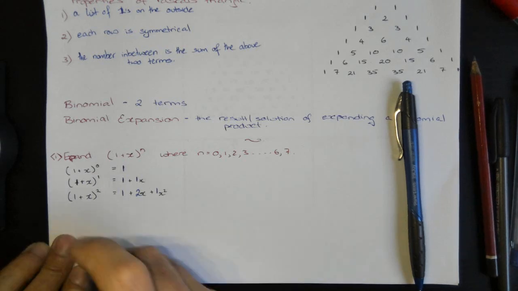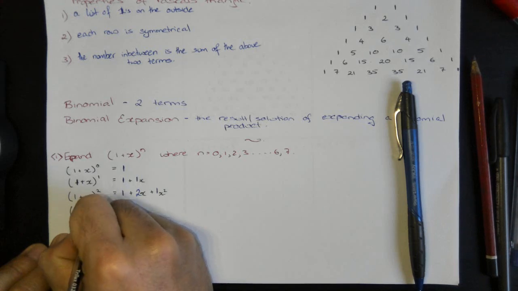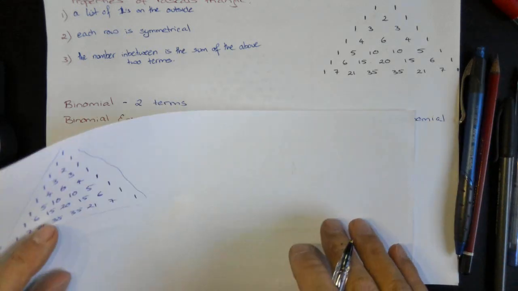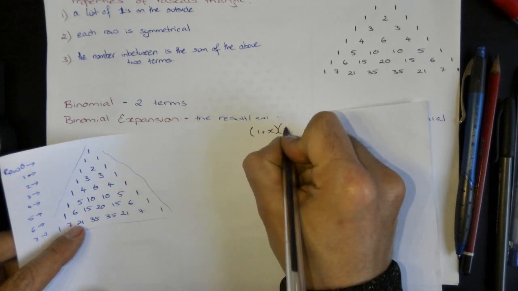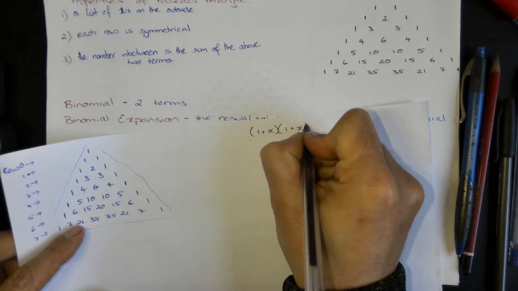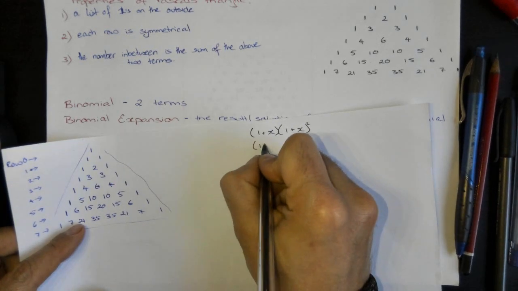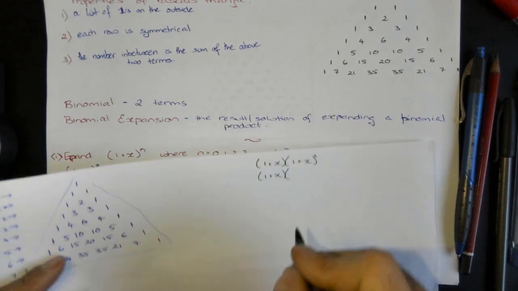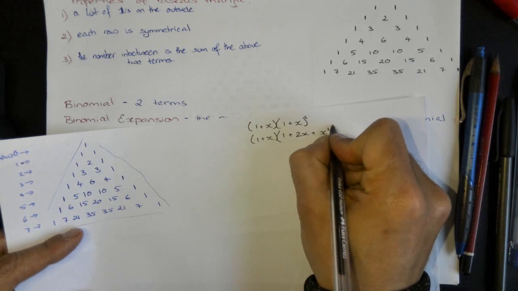Okay. If I did (1 + x)^3, I'll do it on here. Well, that's the same as (1 + x) times (1 + x) all squared. And we know that this is that solution, 1 plus 2x plus x squared.